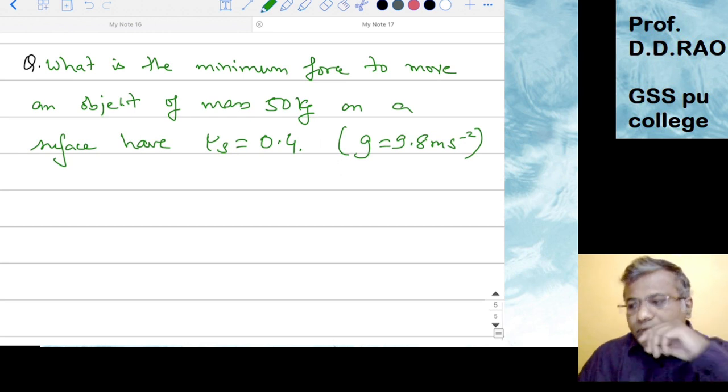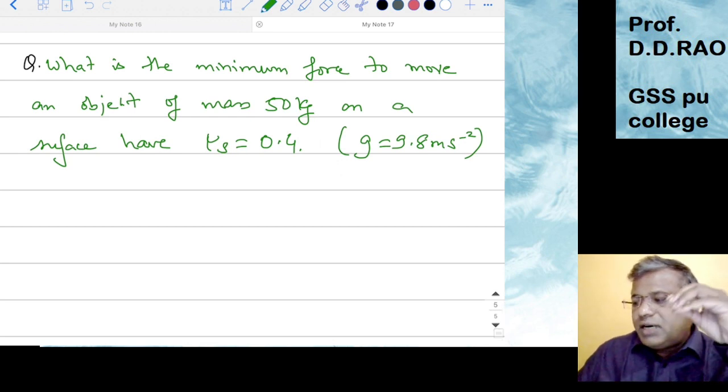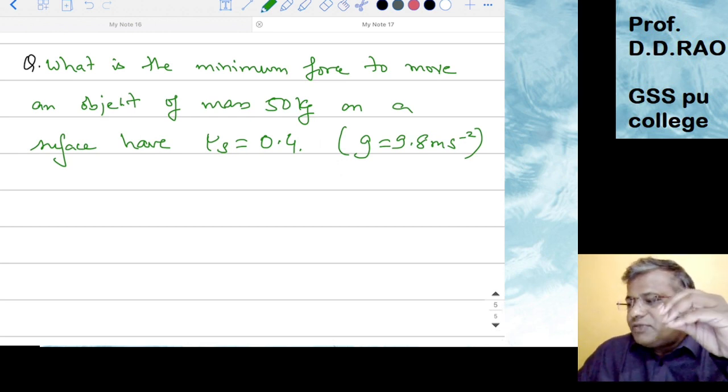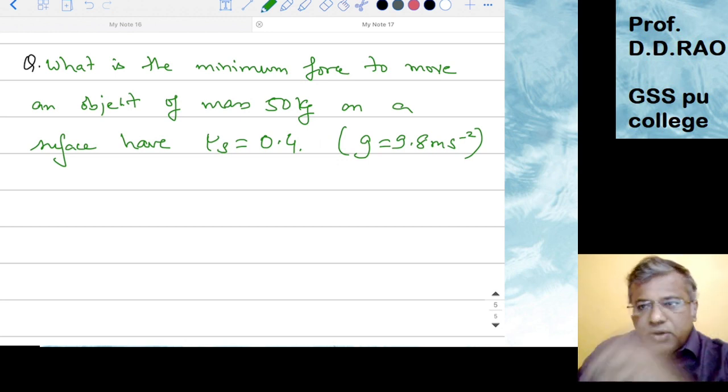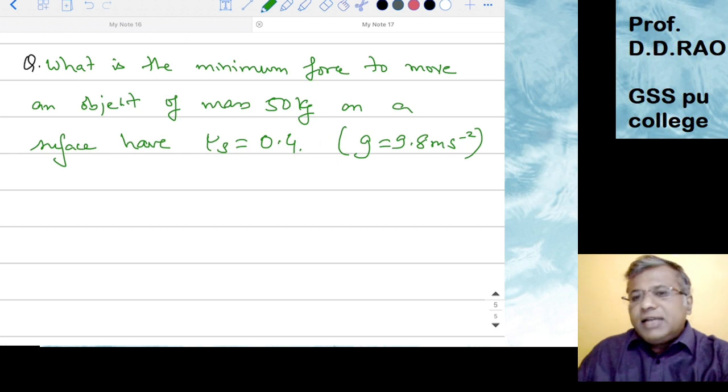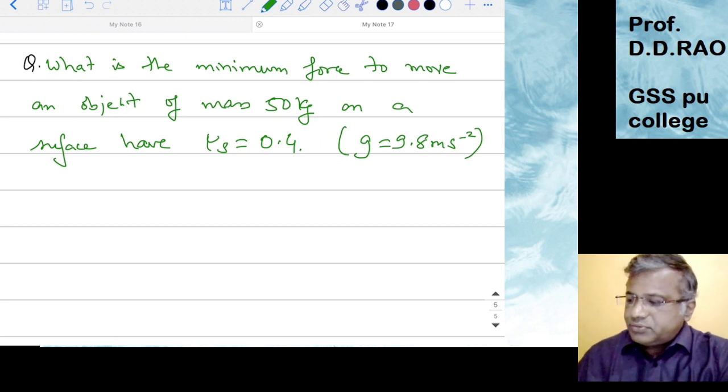What is the minimum force to move an object of mass 50 kg on a surface having mu s as 0.4? Normally it will not have any unit. And the value of g we will take as 9.8 meters per second square. So this is the question.